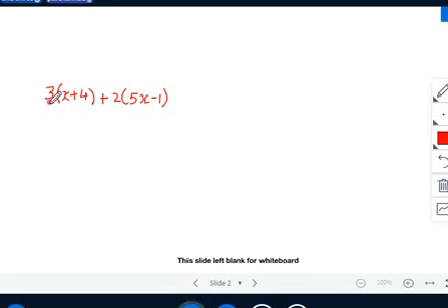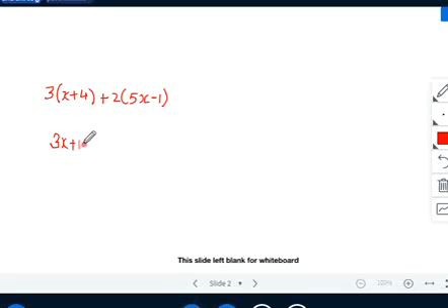Okay, now you tell me all the terms, one by one. 3 times x is 3x. Then what do I have to write after 3x? Then after 3x you'll do 3 multiplied by 4 is 12.